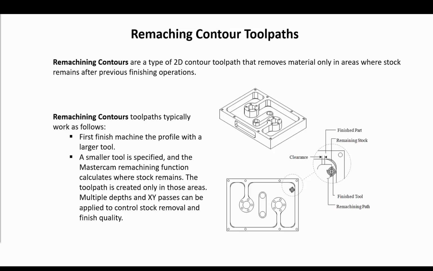The toolpath is created only in those areas. Multiple depths and XY passes can be applied to control stock removal and finish quality. Remachining can dramatically reduce part run time and tool wear, since the smaller tool, which is forced to run at lower speeds and feeds, is used only where necessary.